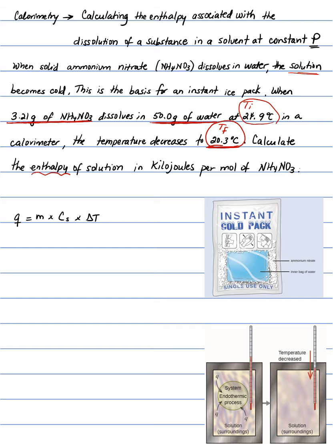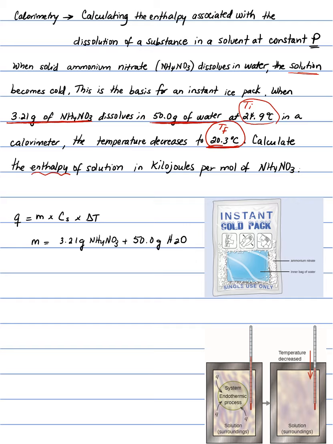So the mass is 3.21 grams of ammonium nitrate plus 50 grams of water. That's going to give you the mass of the solution.